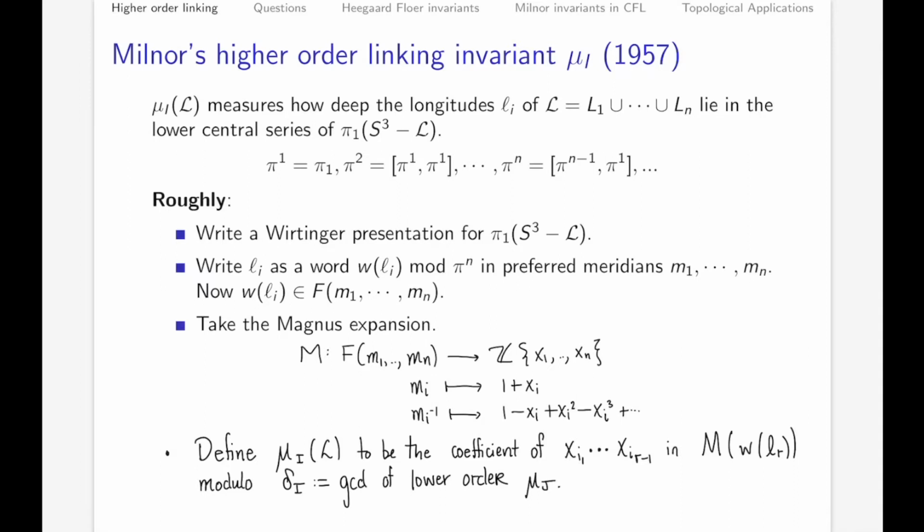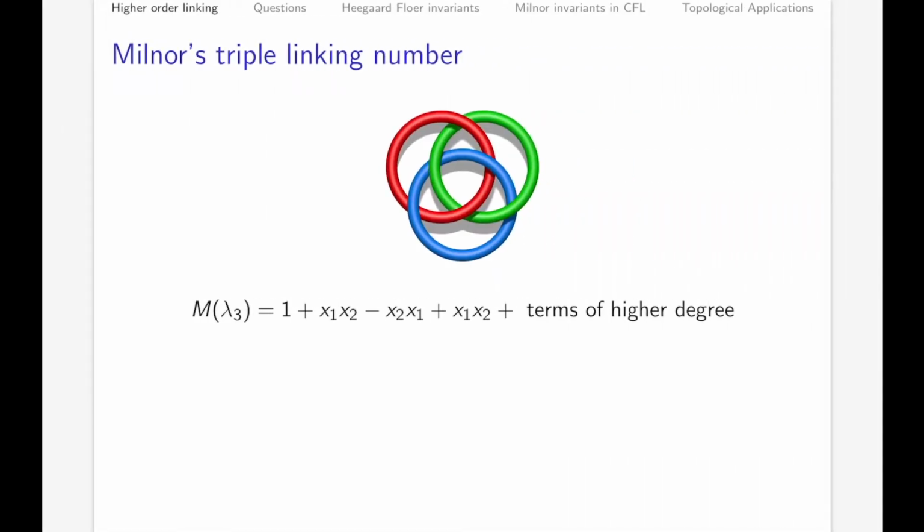Now this is just kind of a rough overview of Milnor's link invariants, the way Milnor defined them in the 50s. We're going to be looking at them through the knot polynomials. So before mentioning some places where the Milnor invariants show up, let's just look at the Brunnian rings for a quick example.